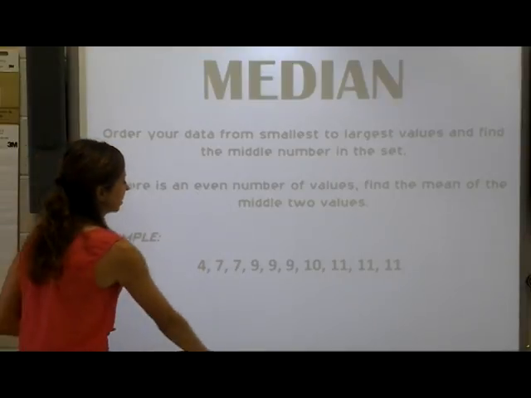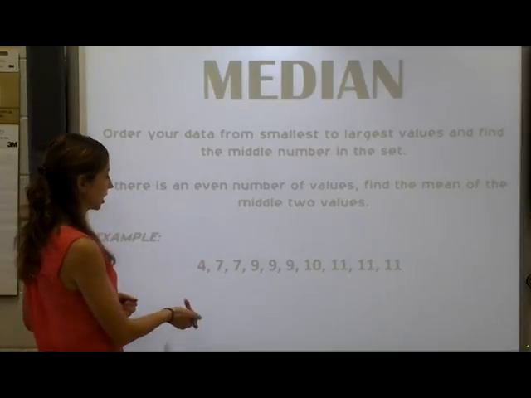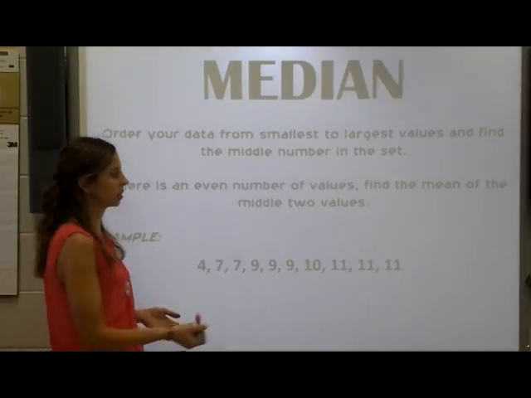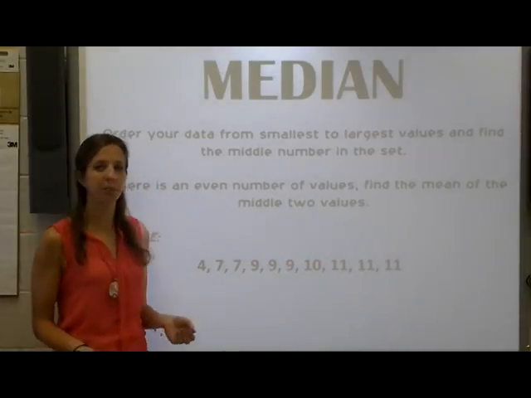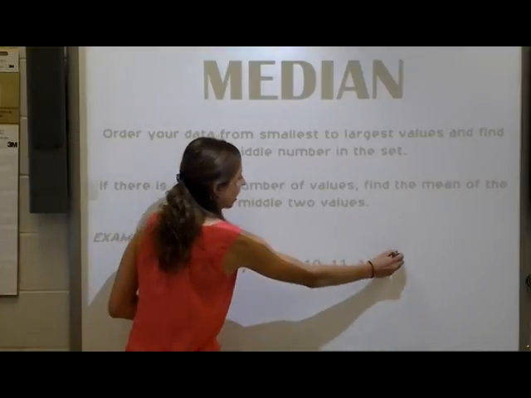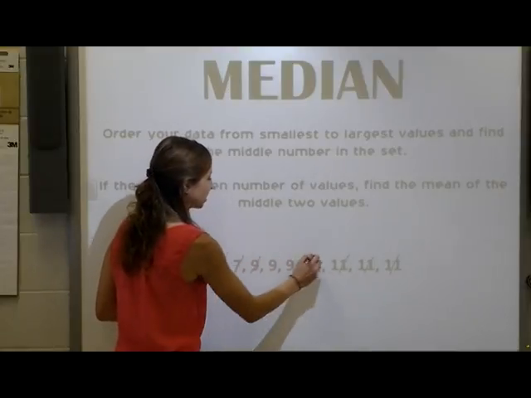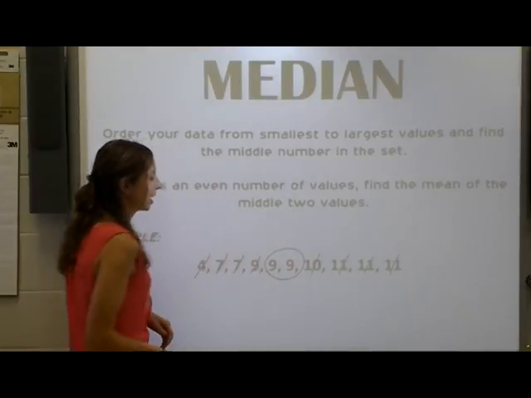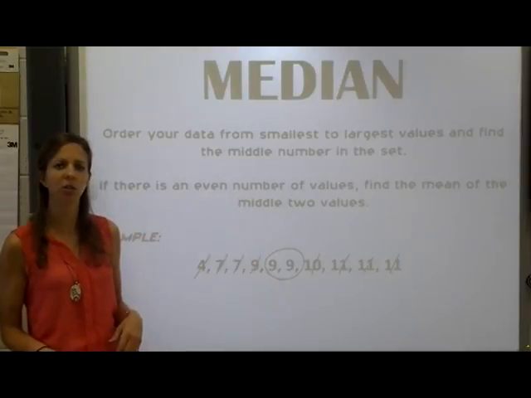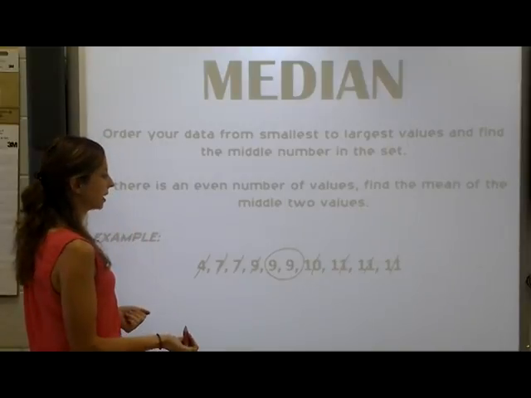So if we take a look at this example, again, this is our football record here. 4 wins is the least amount of wins they've had in the past 10 years. 11 is the most amount of wins they've had in the last 10 years. So we're going to cancel out. And once we get to the middle, we find that we have 2 values. Again, typically you would add and divide by 2, but because they're both the value of 9, we know that that is our median.